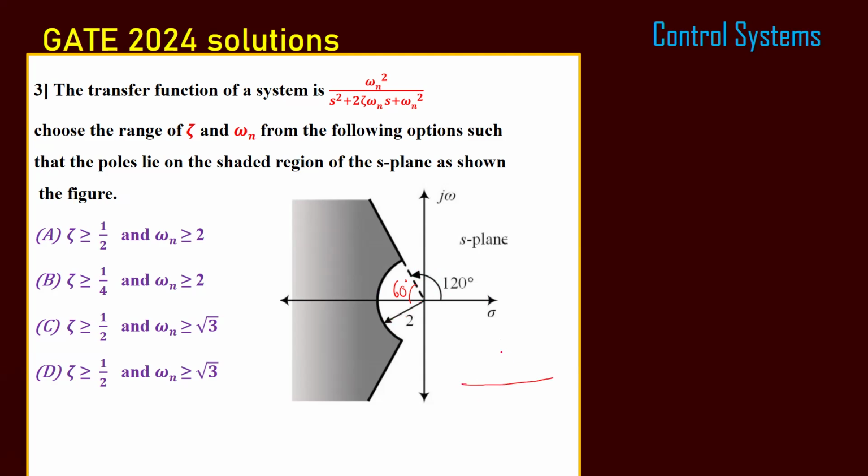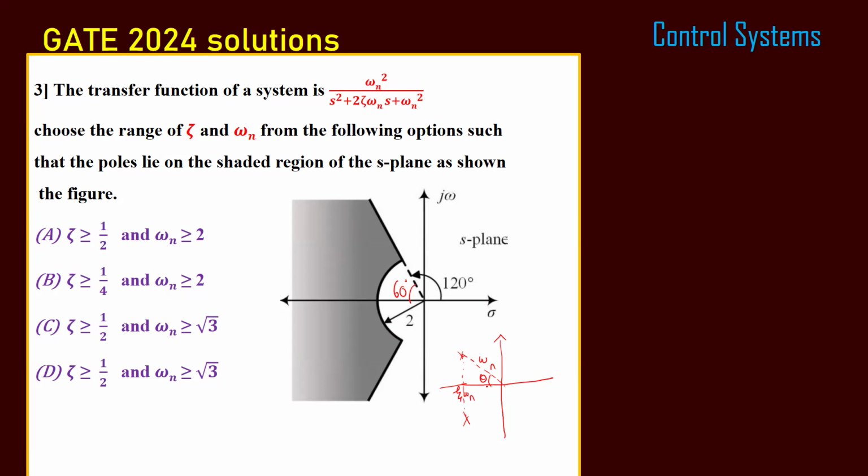So normally in the S-plane, when two complex poles occur, we can draw the right angle triangle. This is theta and hypotenuse is omega n and this x-axis value is zeta omega n. Okay, this we know.